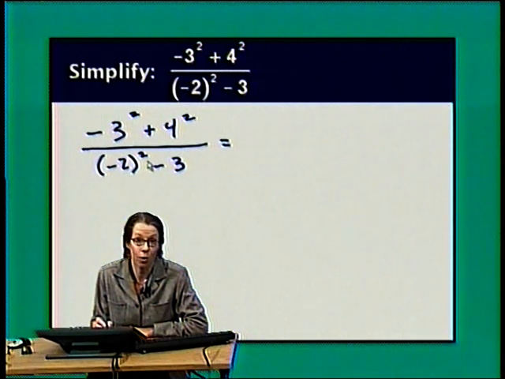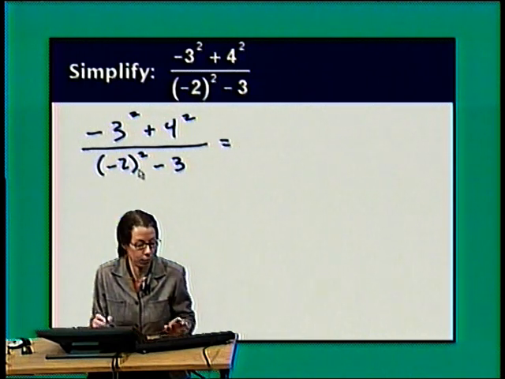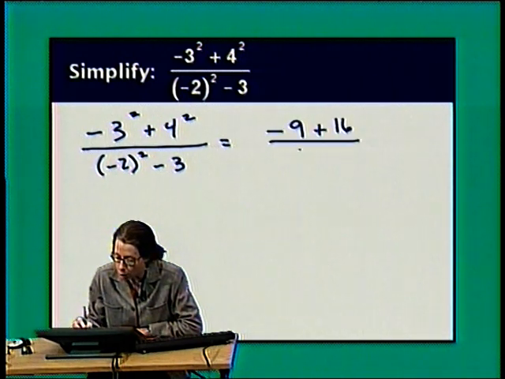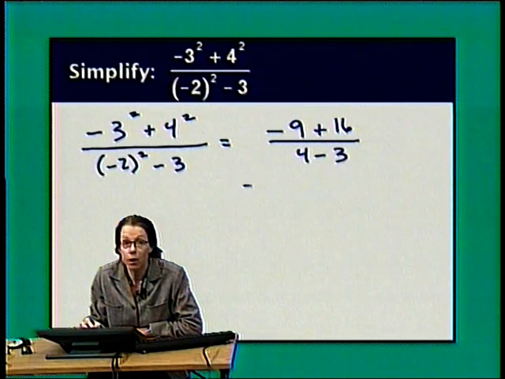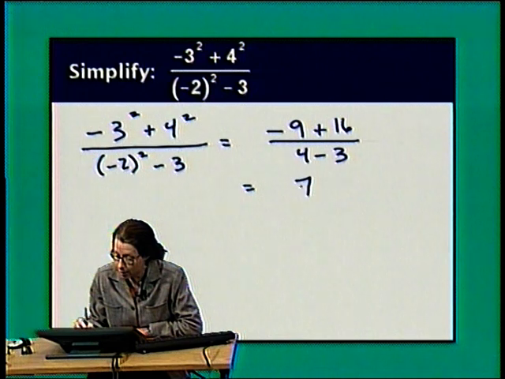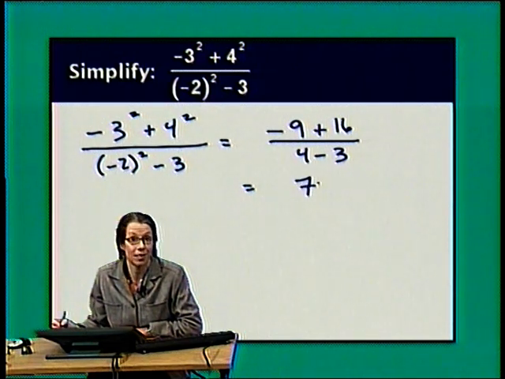We know the order of operations is different in evaluating these two expressions because of the parentheses around -2. So I have -9 plus 16 all over 4 minus 3. -9 plus 16, that's 7. 7 divided by 1 is just 7.